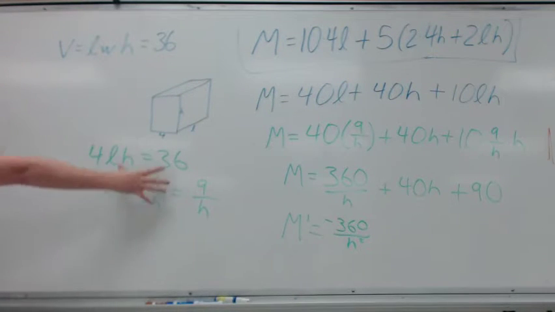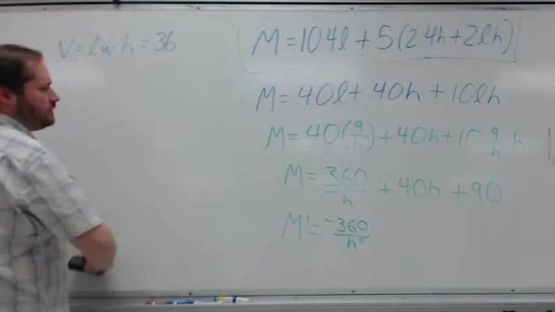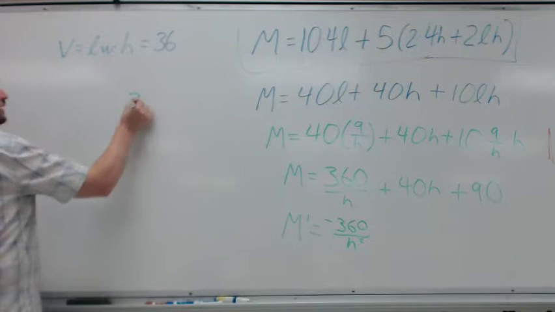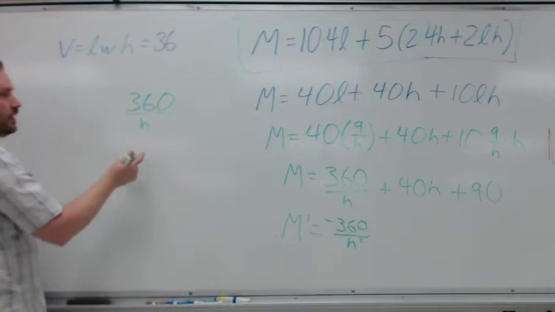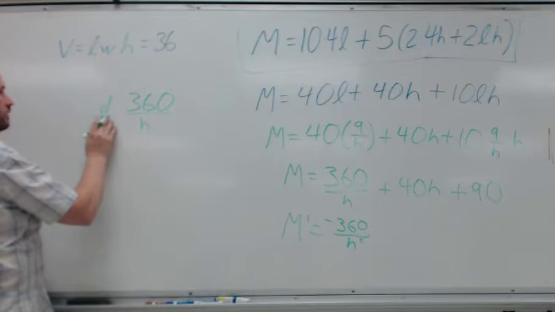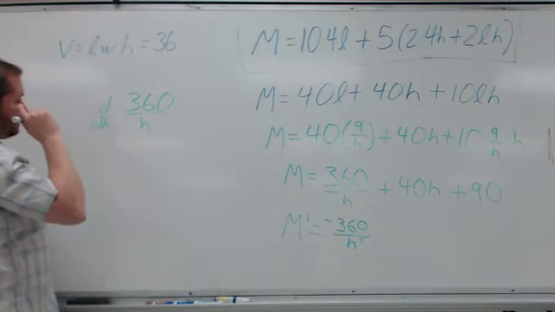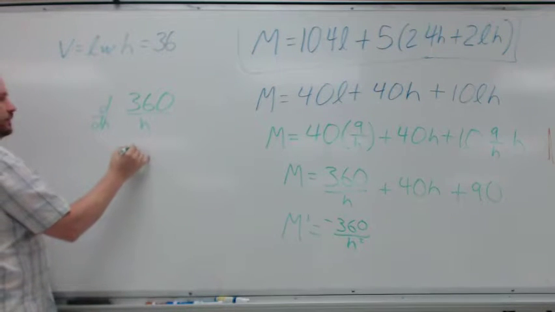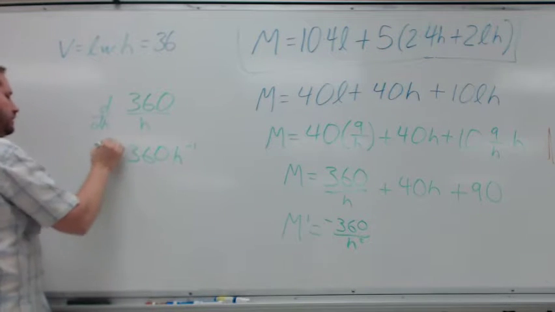May I erase this part, just in case the viewers at home are like, wait, why is that negative 360? Whenever you see 360 over H, or a fraction like this, if you're taking a derivative with respect to H, then we want to think of it as 360 H to the negative first.